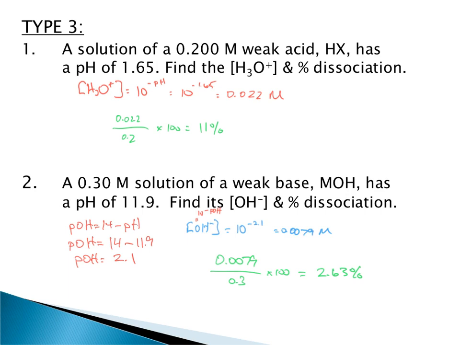And that helped us figure out that the hydroxide ion concentration was 0.0079. And then we took that 0.0079 and we divided it by the original concentration of the weak base, multiplying by 100 to give us that percent, and we got 2.63%.